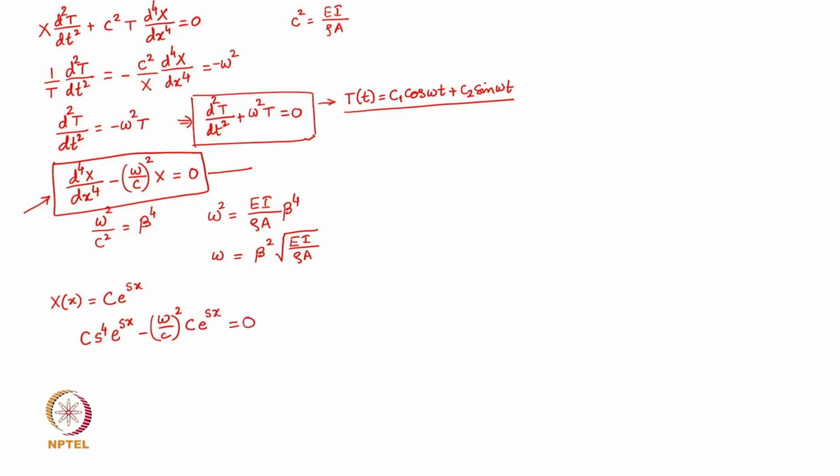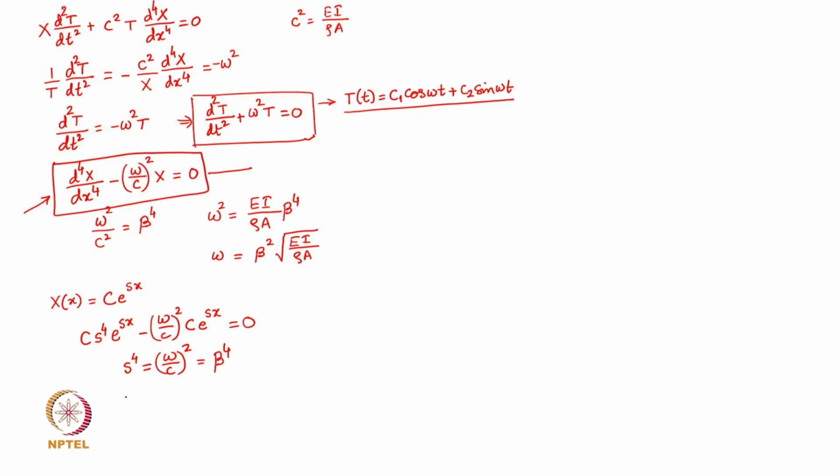Now, which actually means that s to the power 4 is equal to omega over c whole square. Now, omega over c whole square has already been assumed as beta raised to power 4. So this is actually beta to the power 4.